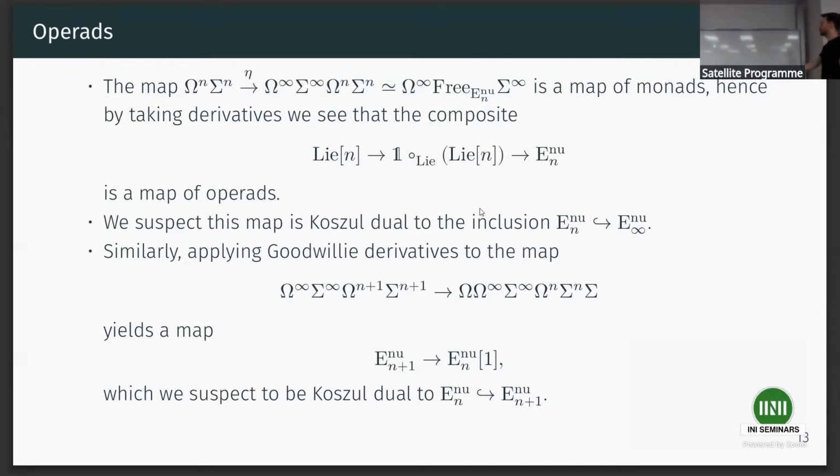These wrong-way maps are surprisingly hard to construct. Michael Ching and Salvatore have this paper where they give a quite explicit construction.